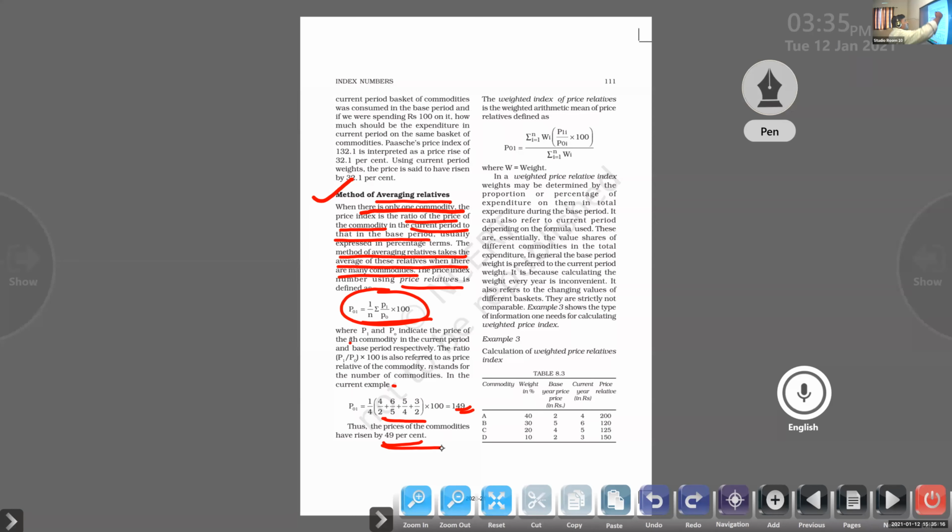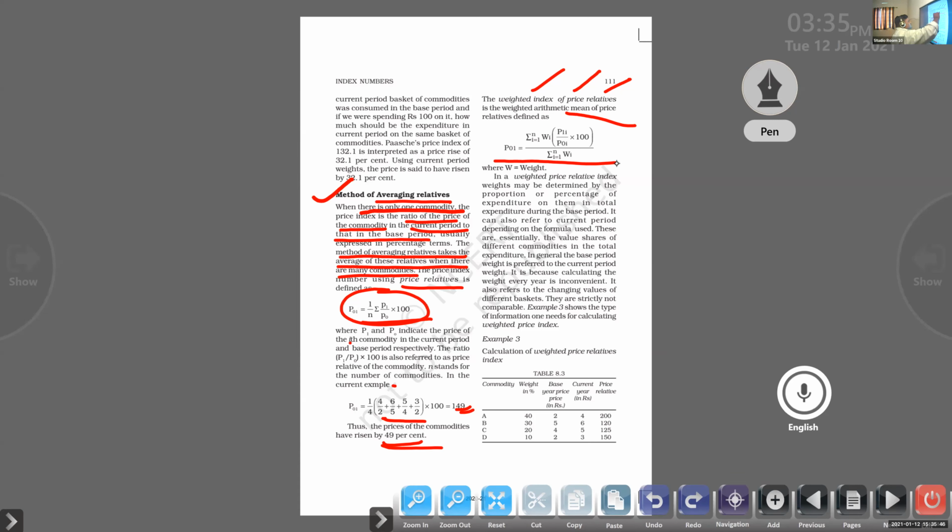That can be defined with this equation: P01 is equal to sigma i equal to 1 to n of Wi into P1i divided by P0i into 100, all divided by sigma i equal to 1 to n of Wi.